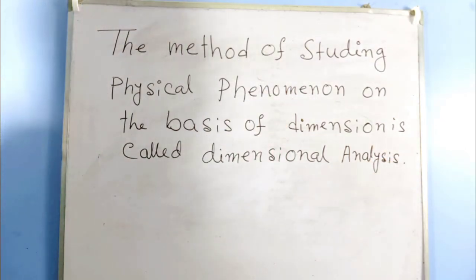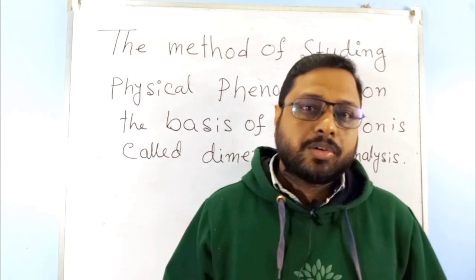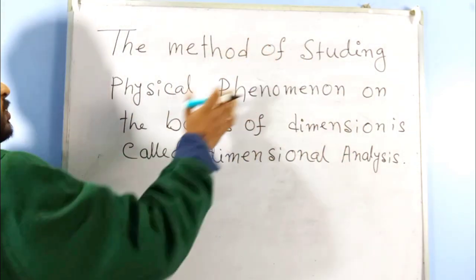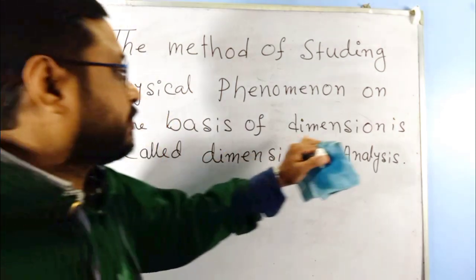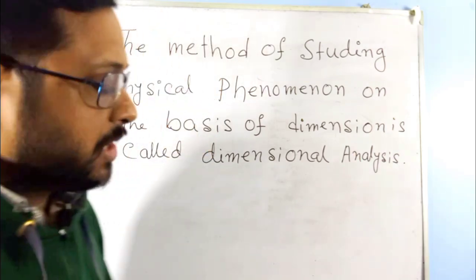This is the definition of dimensional analysis. Physical phenomena means all the phenomena that occur in nature. So the method of studying physical phenomena on the basis of dimension is called dimensional analysis.